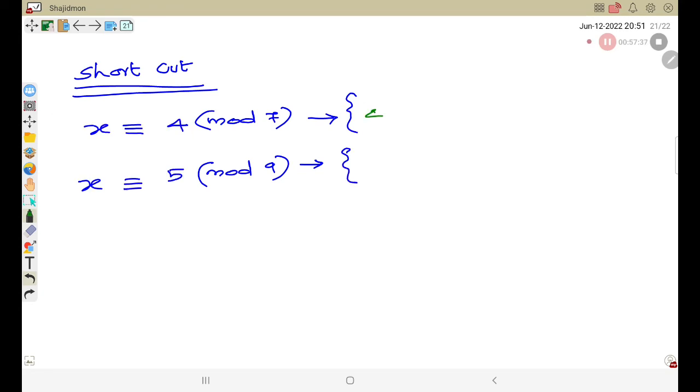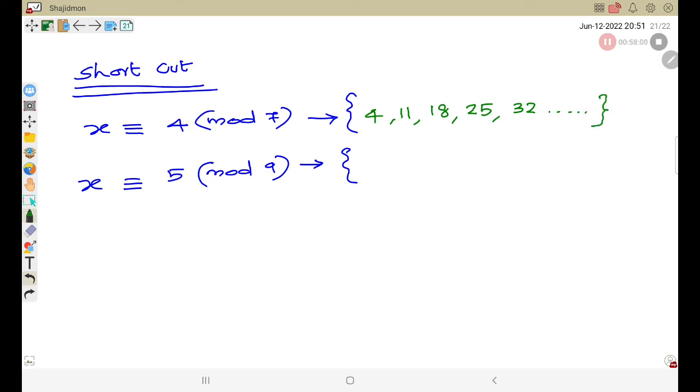Start with 4, then 4 plus 7 is 11, correct? Now 11 plus 7 is 18. Now 18 plus 7 is 25. 25 plus 7 is 32. Like that it is going.